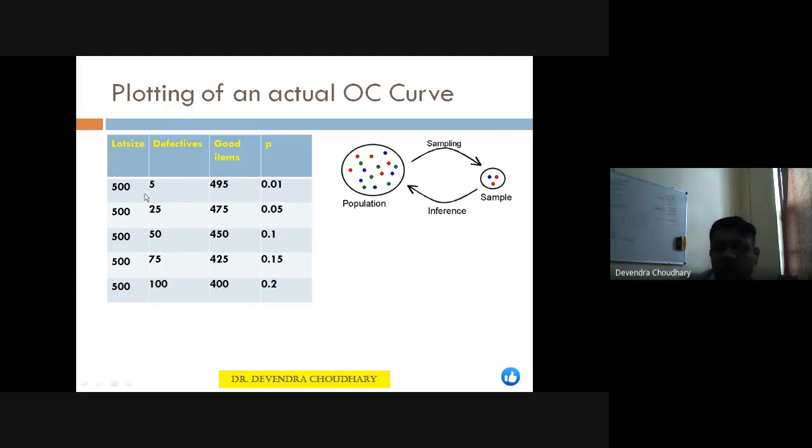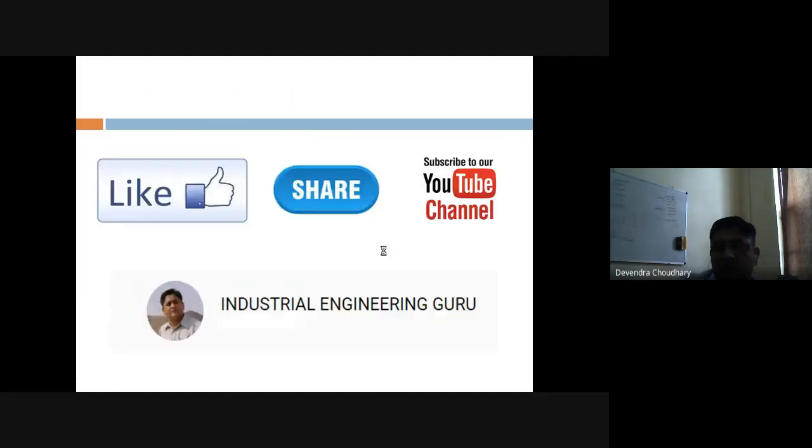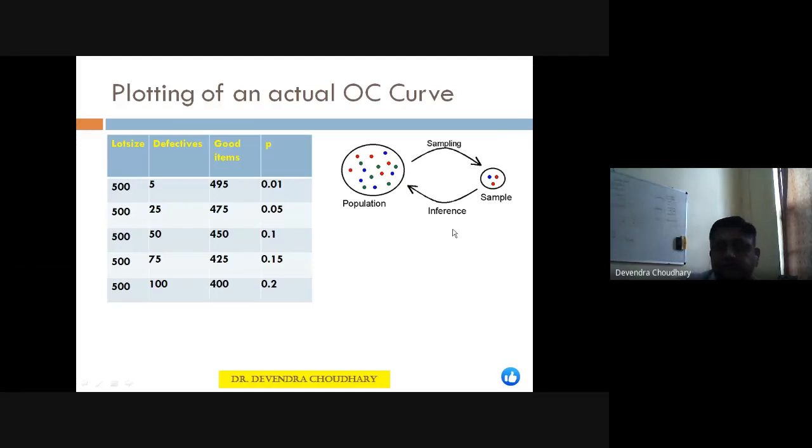You mark here 1, 2, 3. So for each particular combination of lot, you take 10 samples one after another, and each time you find out the number of defectives. Whenever the number of defectives is more than acceptance number 3, you write reject, otherwise you write accept.